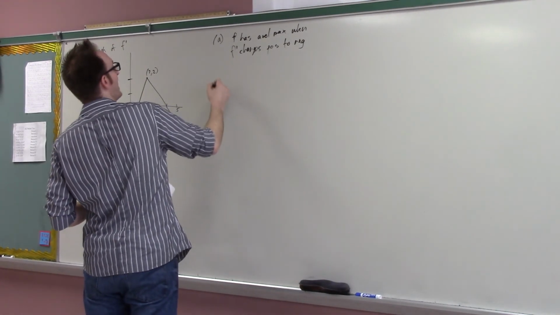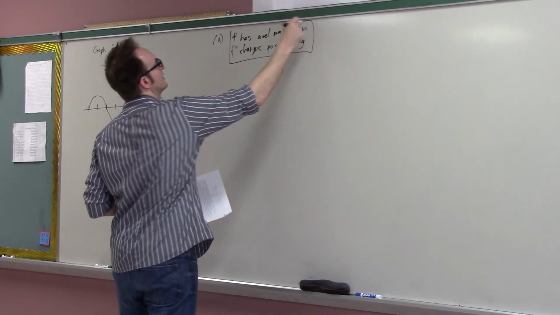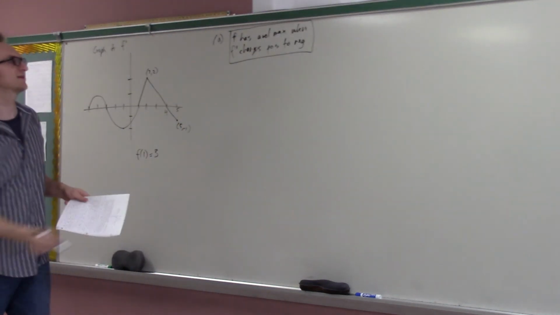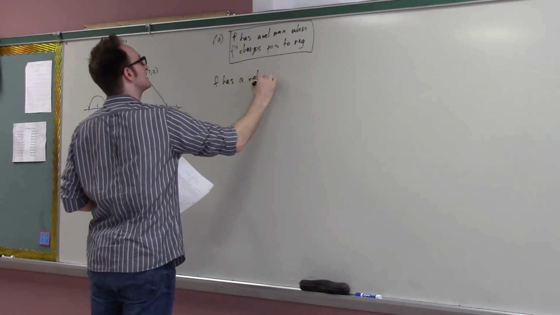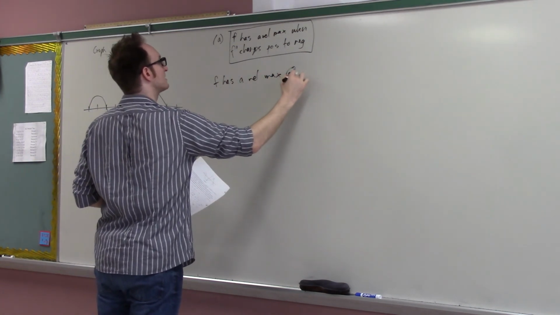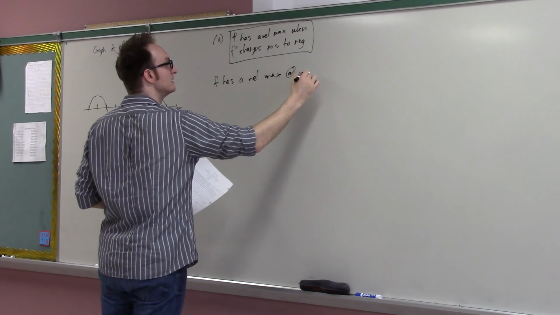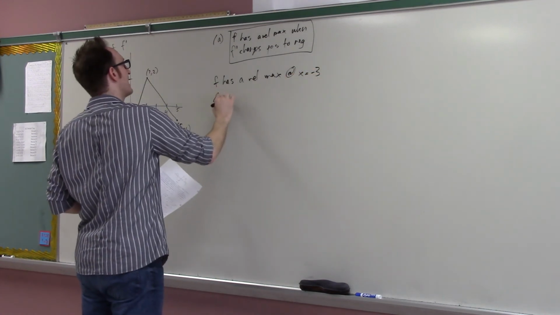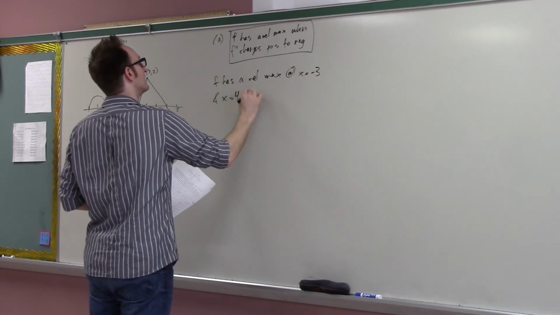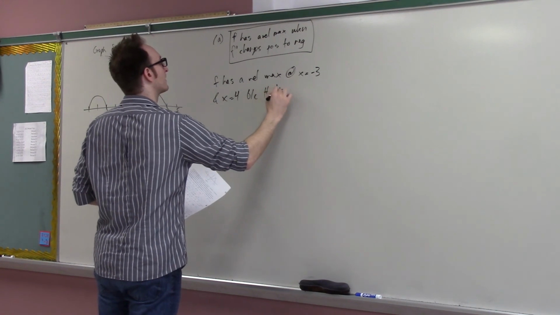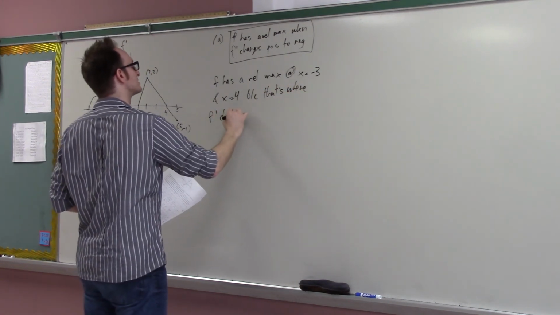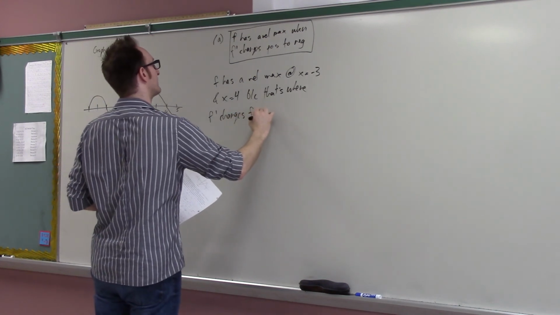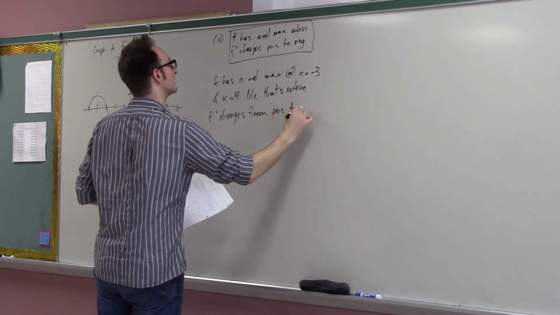So then what you have to write on your paper is: f has a relative max at x equals -3 and x equals 4, because that's where f prime changes from positive to negative.